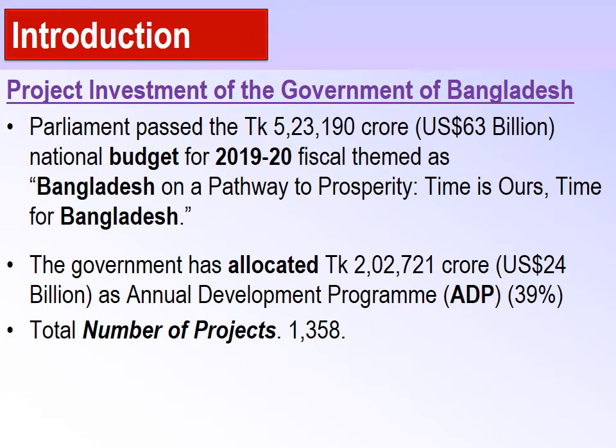The projects numbered 1,358, and the achievement at the end of May, because June is the end of the financial year of Bangladesh, was about 58% of the ADP, that means the project implementation performance. This is only due to the pandemic situation. I believe that it happens all over the world in different sectors.